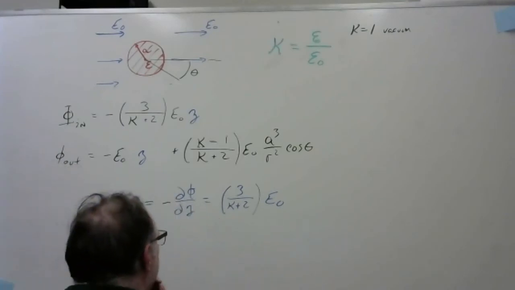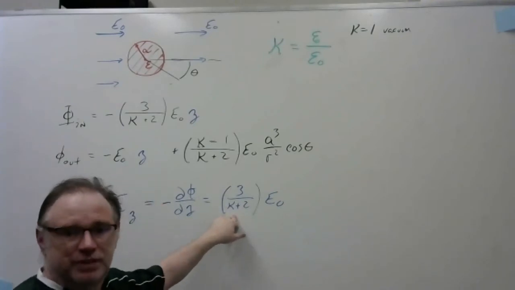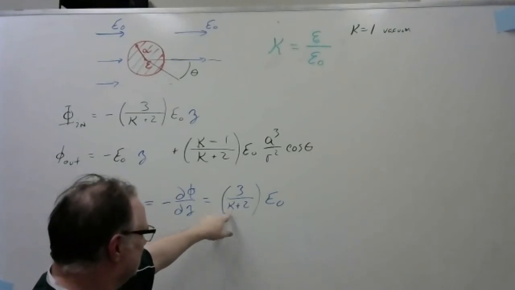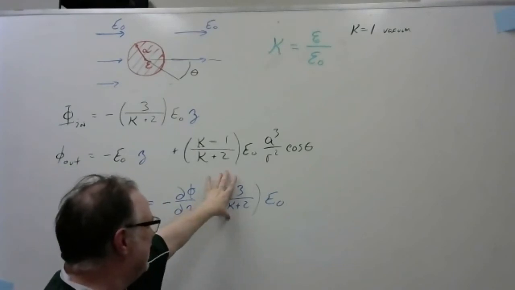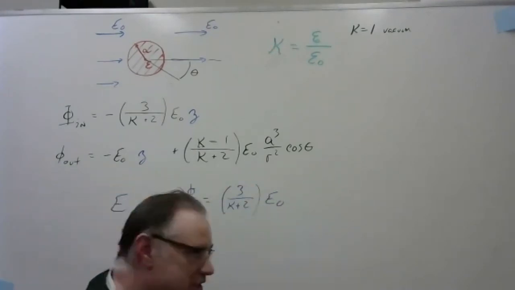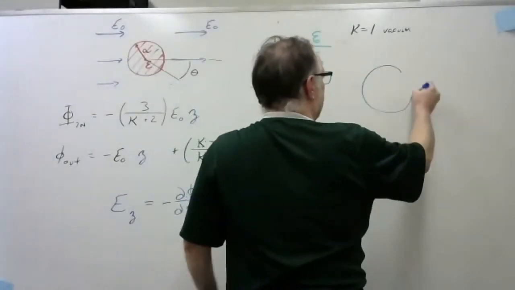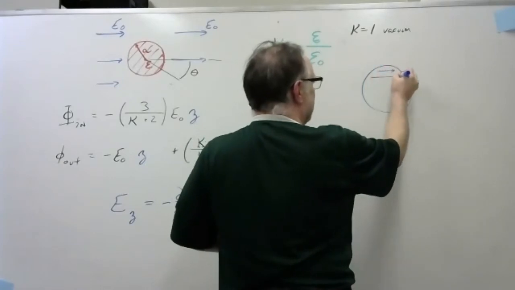So now that we know that this kappa is always going to be greater than 1, because you can't get more permeable than vacuum, kappa is always greater than 1. This thing is always going to be less than the original E naught. So in other words, the actual electric field in here is slightly less than the electric field outside.